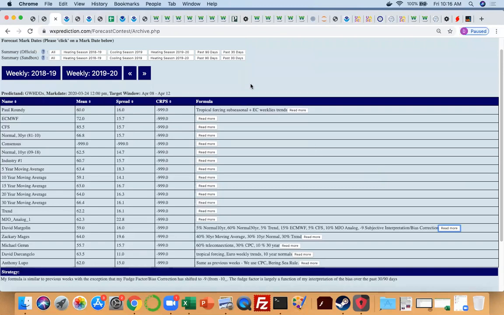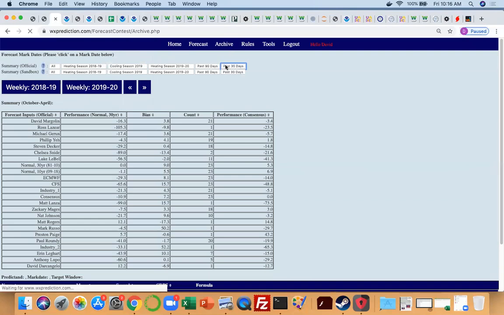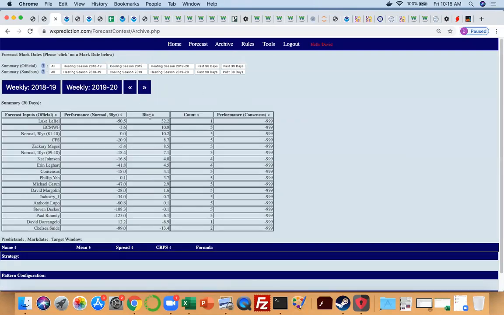What I referred to was the heating season biases from the EC and CFS, and I looked at the 30 days and the longer term, and both I think have been relatively consistent, at least in terms of the directional signal. The strength has changed some, but the CFS 9 here in the 30 days, the EC somewhere close to 10 for both of them, and then going to the start of the season, it's more like 15 to 10, 15 for the CFS.